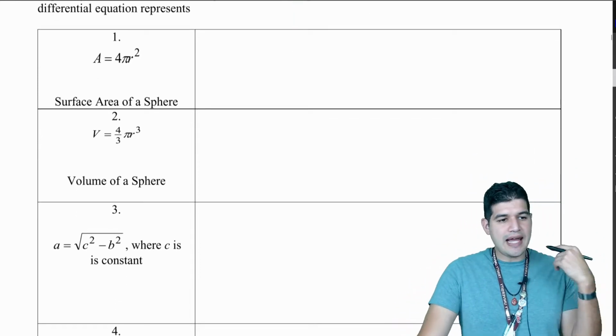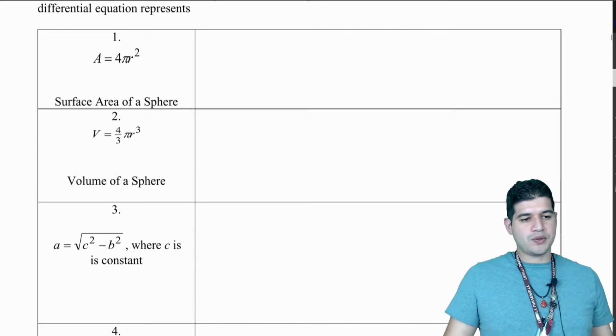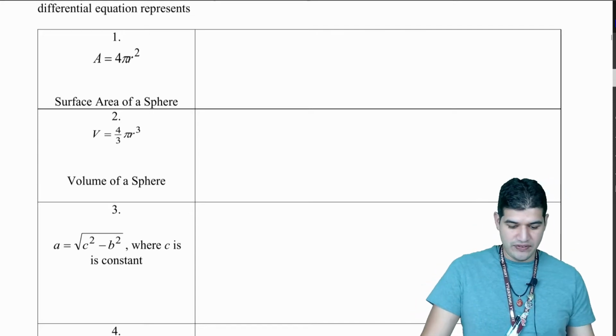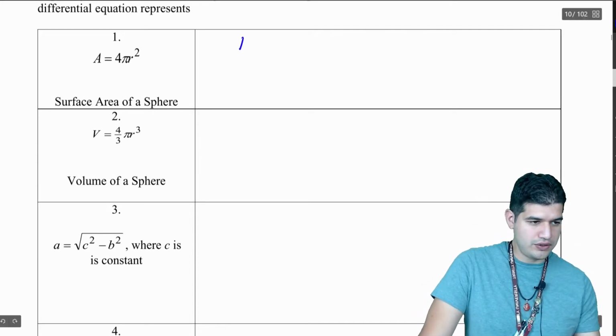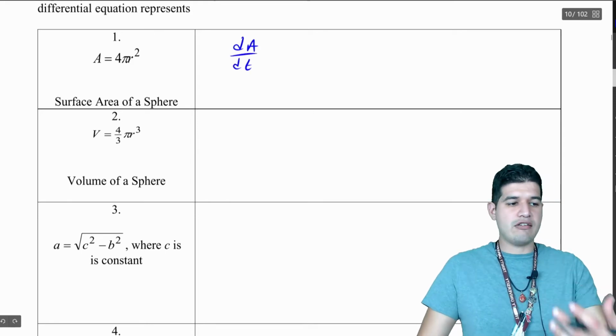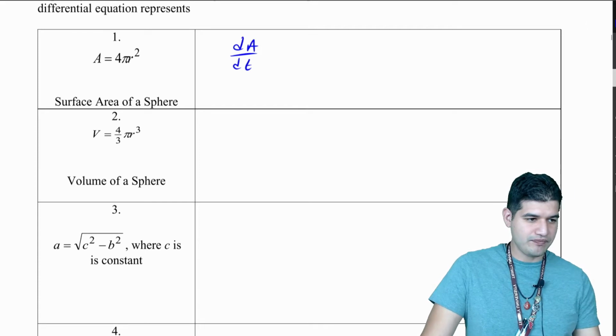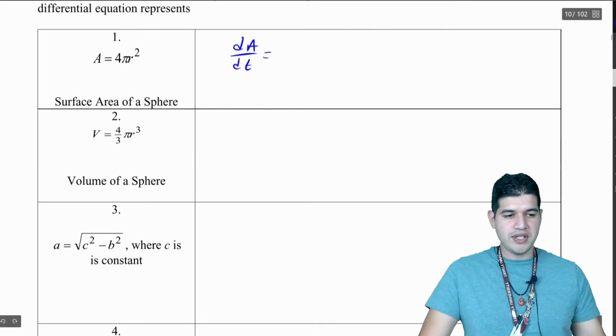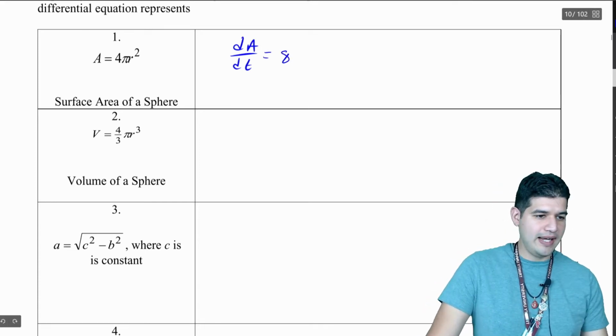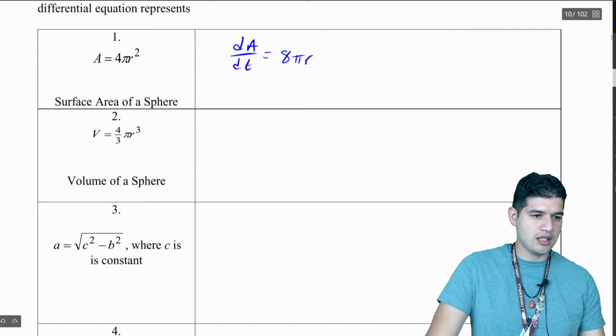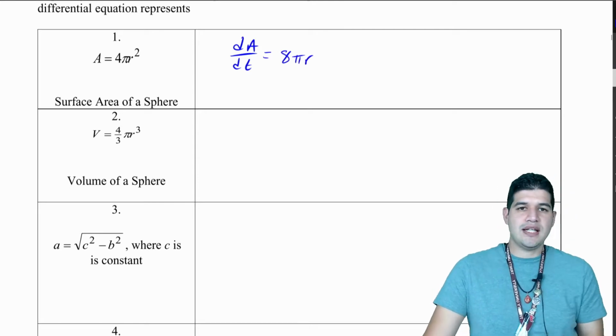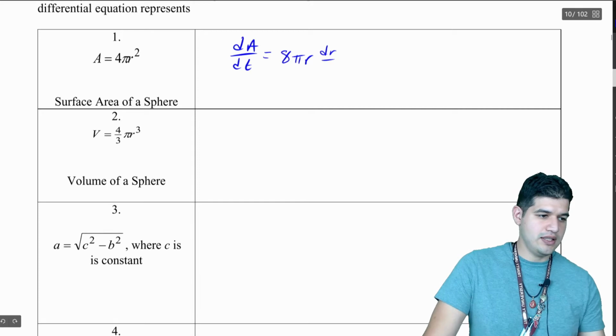As I'm going through this, we've got the area here. It says A equals 4 pi r squared, the surface area of a sphere. So dA dt, the derivative of area with respect to time, equals, bring that 2 down, we get 8 pi r, 2 minus 1 in the exponent, and then we get dr dt.